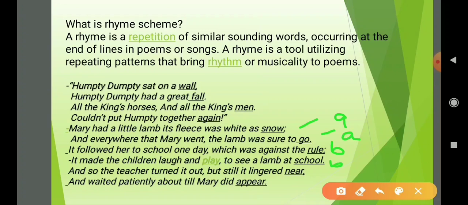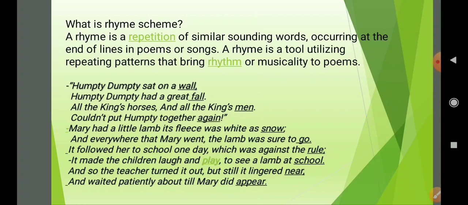You can write here C. And waited patiently about till Mary did appear. Near and appear, you can again write C. So the rhyme scheme in this poem becomes AABBCC. So this is about the rhyme scheme, means it is the pattern or the rhythm of the last word.